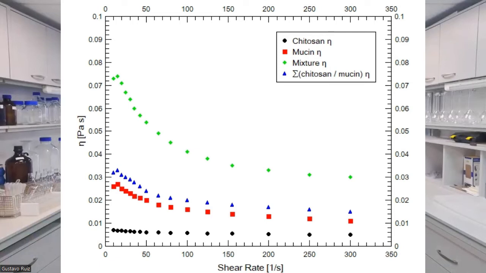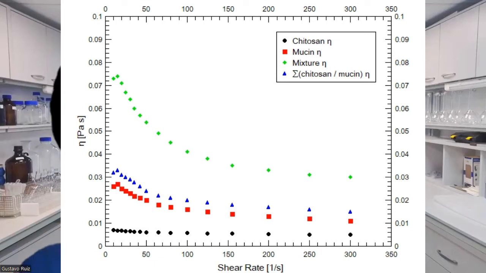The red squares are related with the profile of mucus alone. The blue triangles are related with the viscous profile of the summatory of mucin and chitosan profiles. And finally, the green diamonds are the viscous profile of the mixture of these polymeric nanoparticles with the mucus.